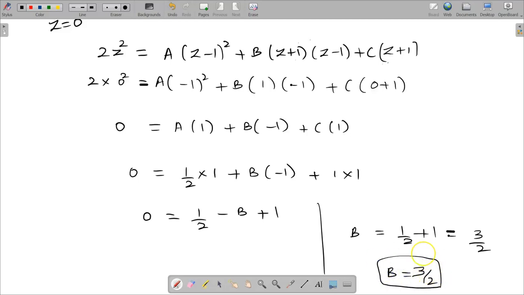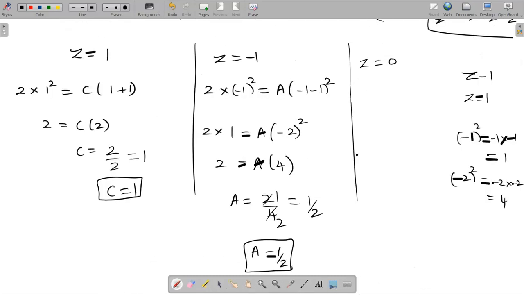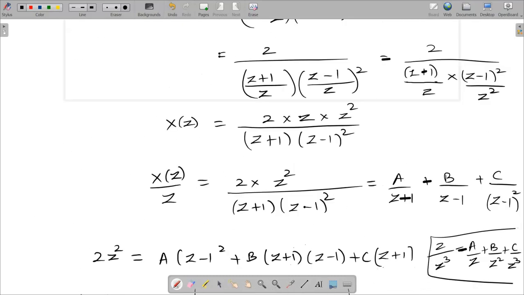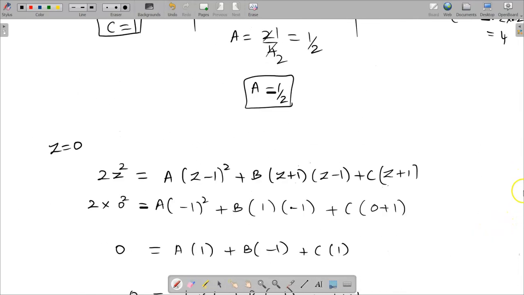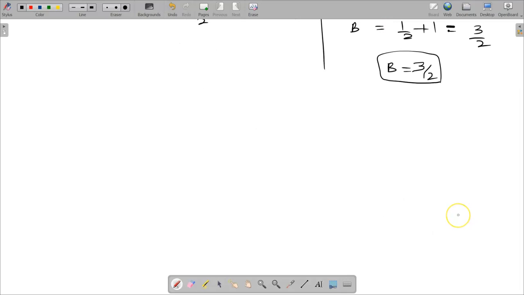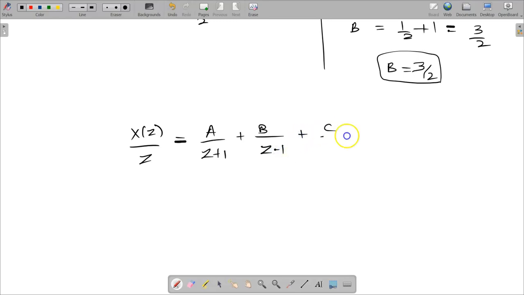So once we have determined all the three values, just substitute in the expression. So what is the expression we have? X of z by z is equal to a by z plus 1, plus b by z minus 1, plus c by z minus 1 the whole square. So substitute all the three values in that equation.